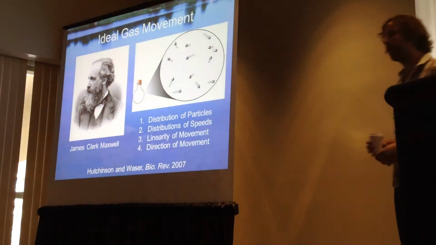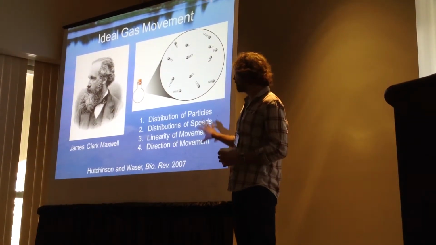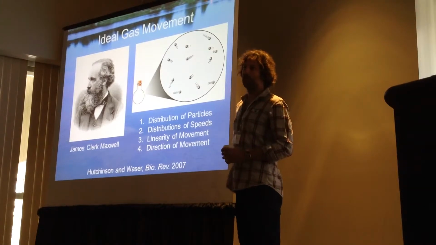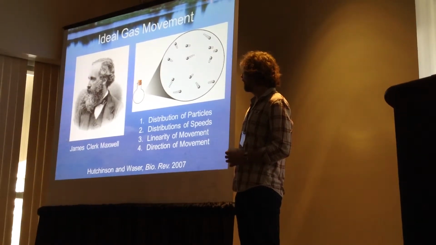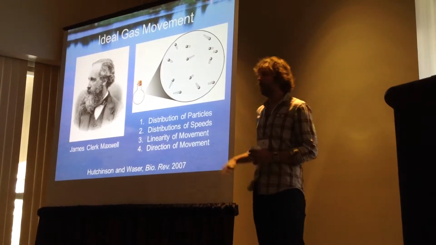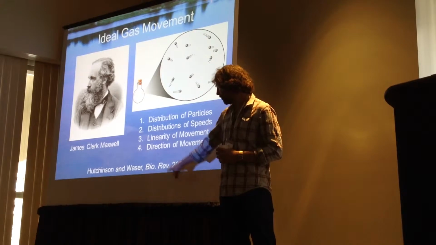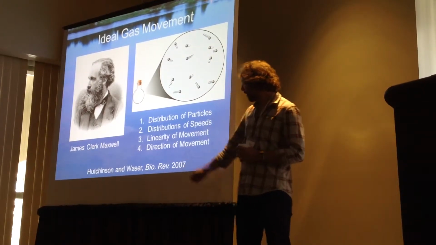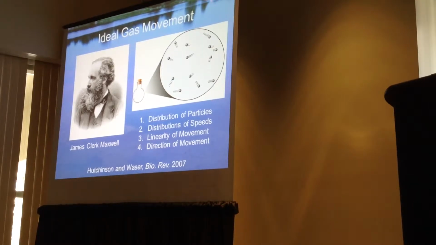We spent quite a bit of work using hydroacoustics, netting, and of course some modeling to see what type of movement these individuals, both the lake trout and the cisco, are characterized by. And ideal gas movement seemed to be a very good model for them. And a great review, if you're interested in ideal gas movement, is Hutchinson and Waser, 2007. This is a really good paper for those who are interested in modeling it based on ideal gas.